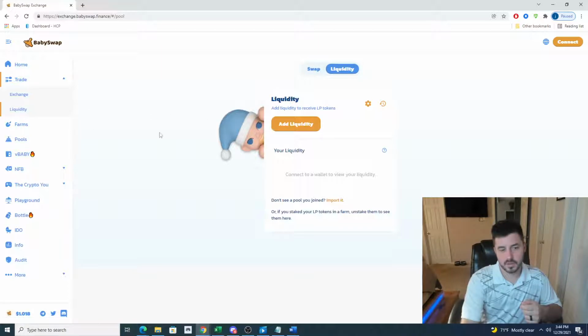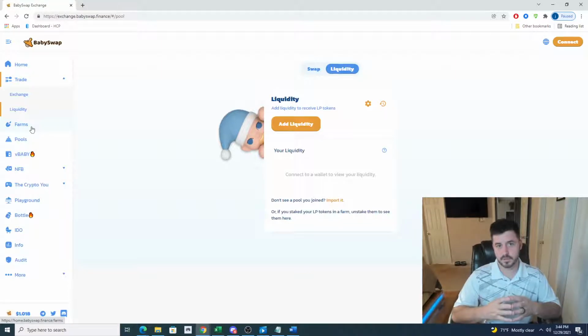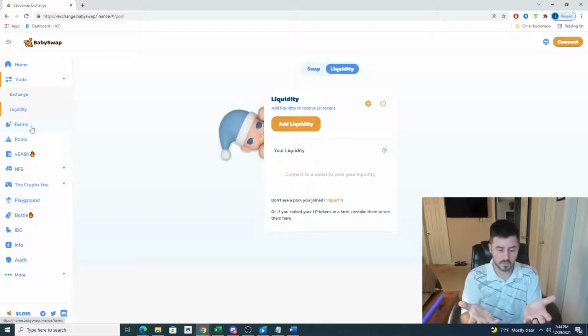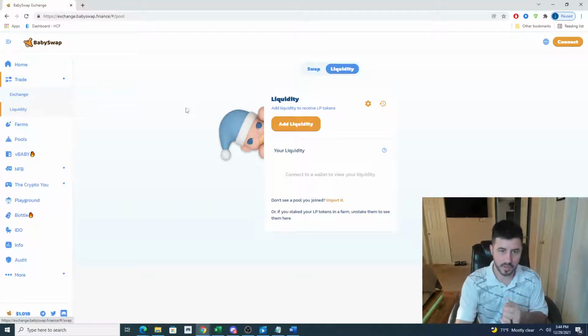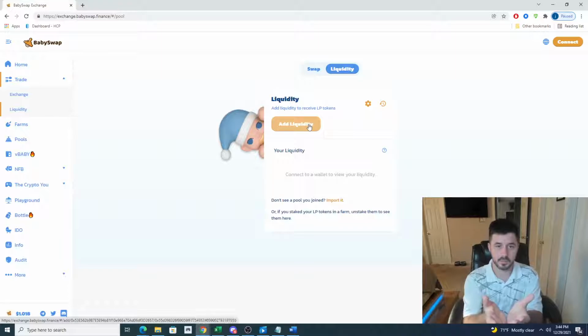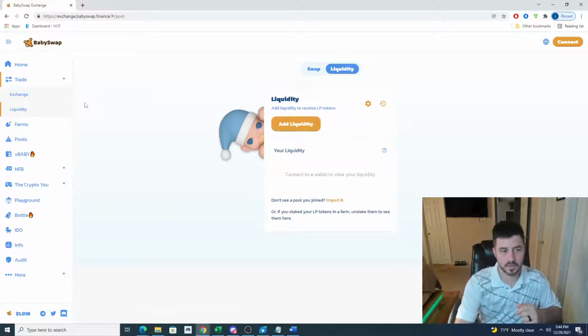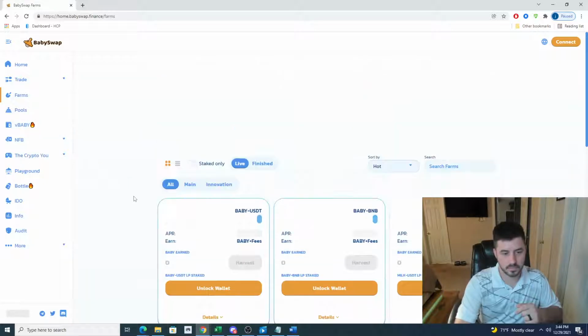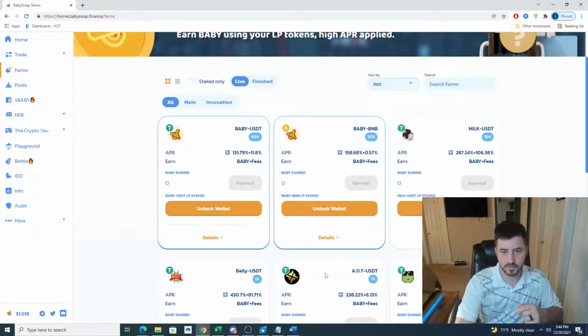Liquidity is, if you have two currencies and you want to form what's called a liquidity pool token, you're going to take two currencies, add them into liquidity, and it'll form one liquidity pool token. Then you can take that token, come over here to farm, and you can put it in these different farms.